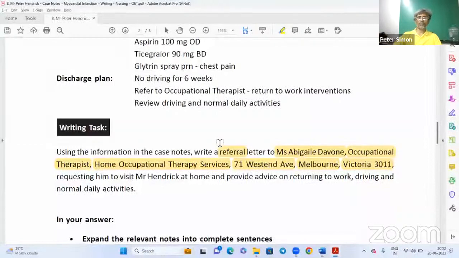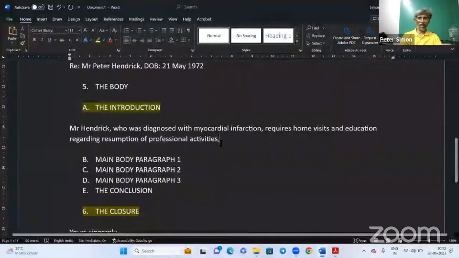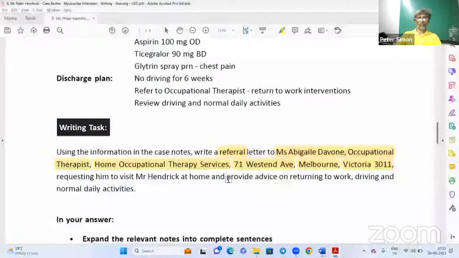We are changing the words. Resumption of professional activities, comma. Then next one. So we have added here home visits. So to visit home. So this we have taken home. And then providing advice on returning to work. That we have done. Then driving also.